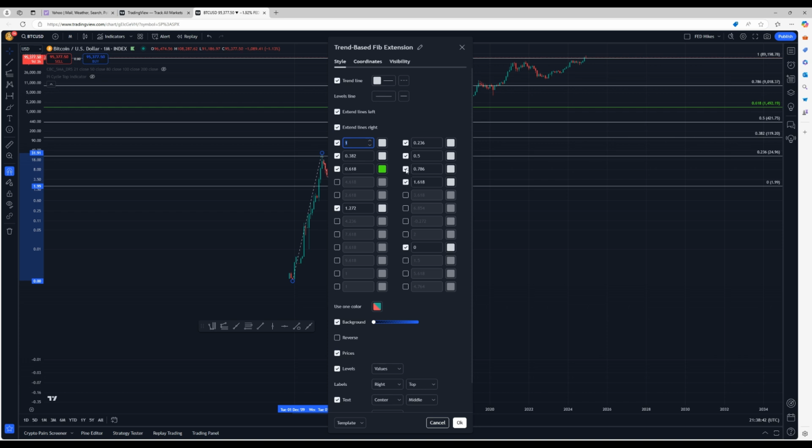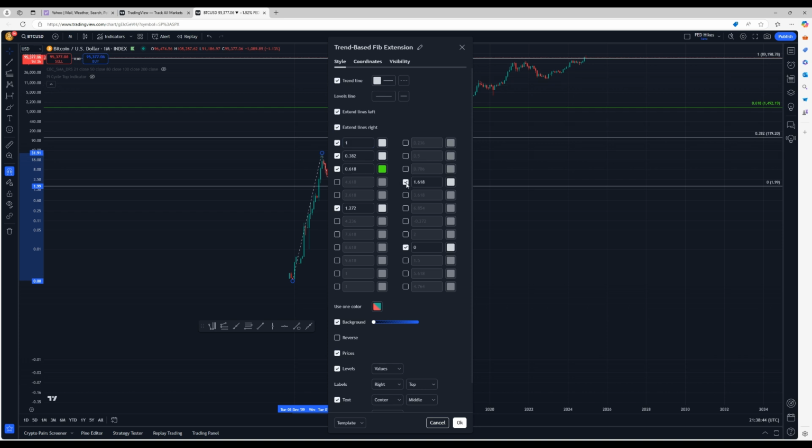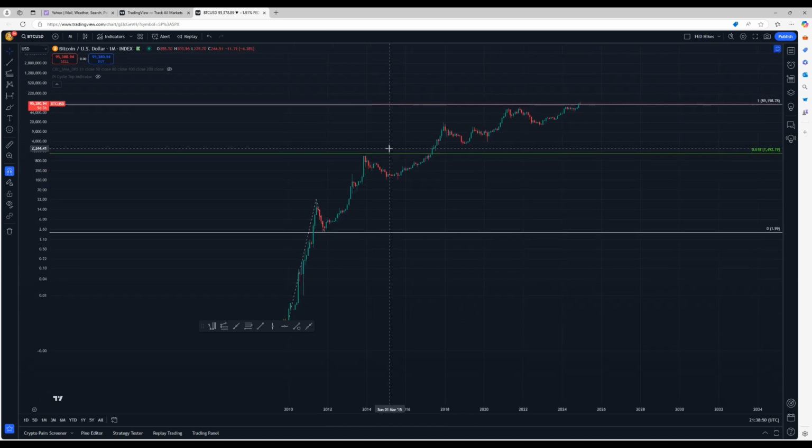I'm going to turn off all these others. Right there. This move here projected out the next move up. The golden ratio at the 0.618, the golden mean. Okay. It went up there very, very close.